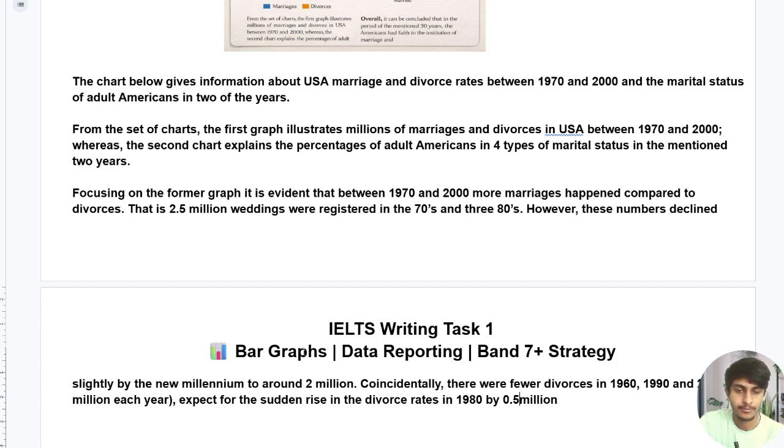So our body paragraph 2 is focusing on the former graph.